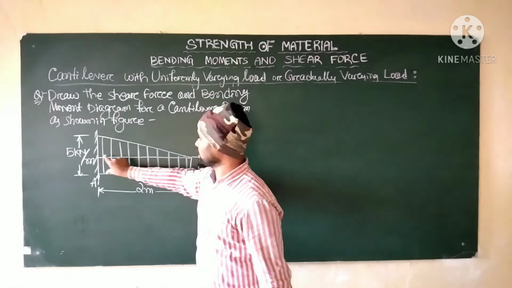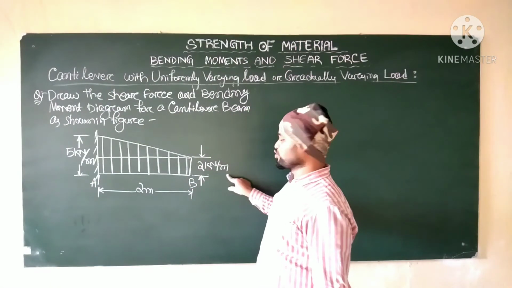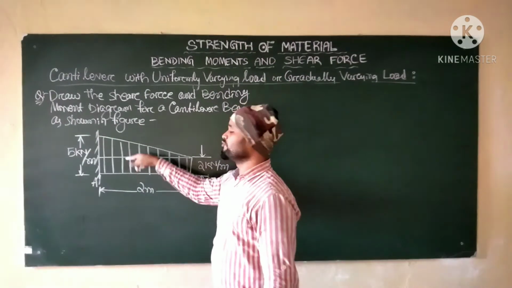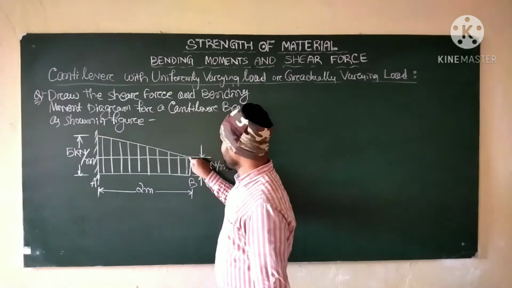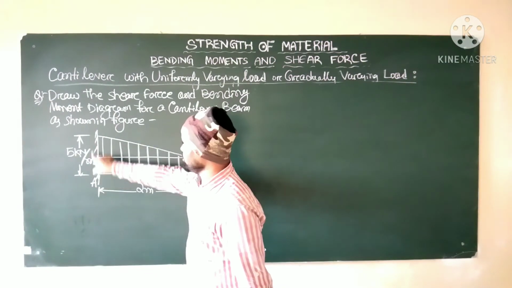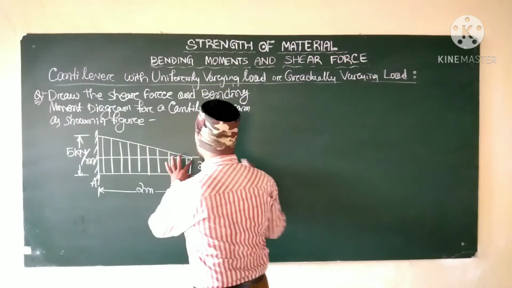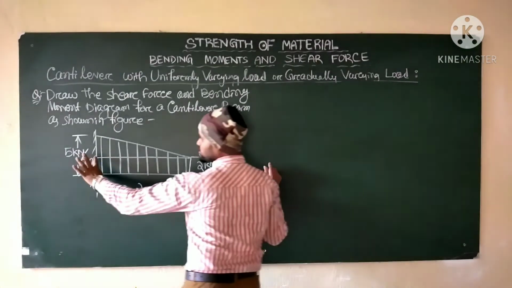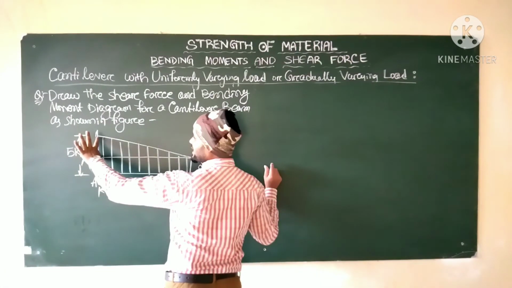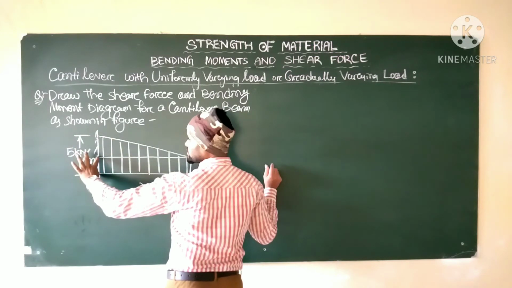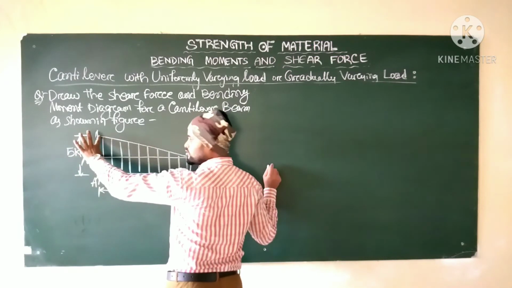That is, the load is totally uniformly distributed. That is 2 kN per meter. But above the UDL, there is a uniformly varying load. That is 0 at this point and gradually increases up to this. So from 0 to 5, the uniformly distributed load is 2 kN per meter. So this much is 2 kN per meter, and the rest part is how much? 5 total, this is 2. So how much is 3 kN per meter?